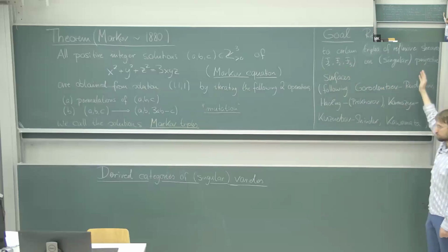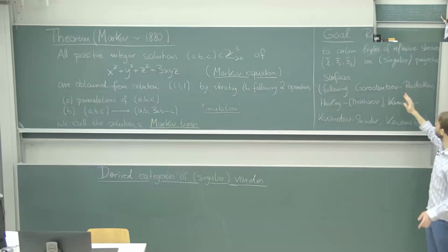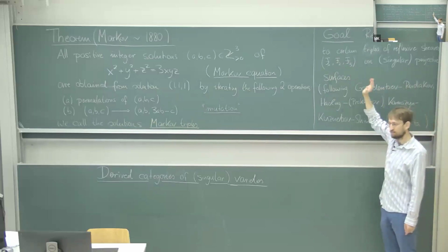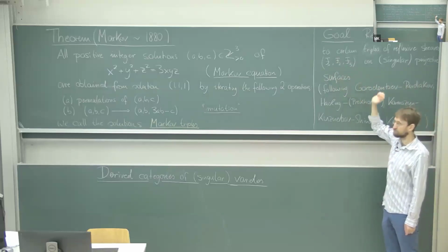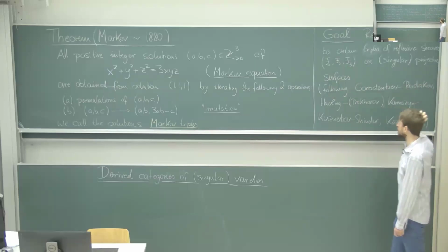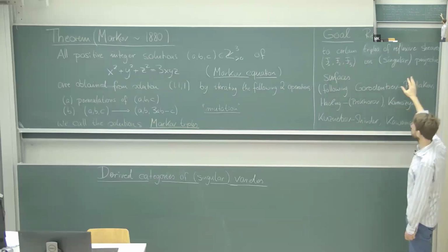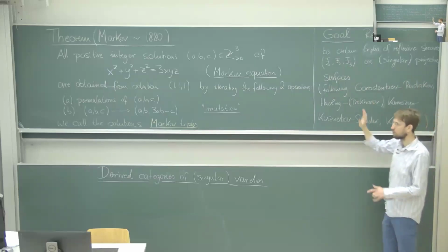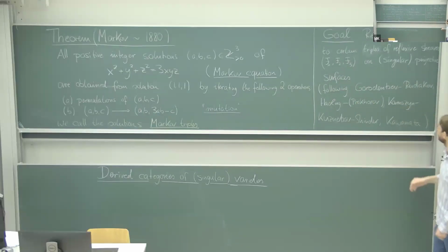The smooth surface that we are going to look at is just the projective plane P2. On there, these F1 up to F3 will be vector bundles. On the singular surfaces, they will almost be vector bundles, very close. And one of them actually will be a vector bundle.